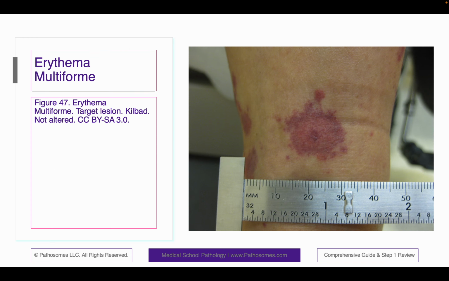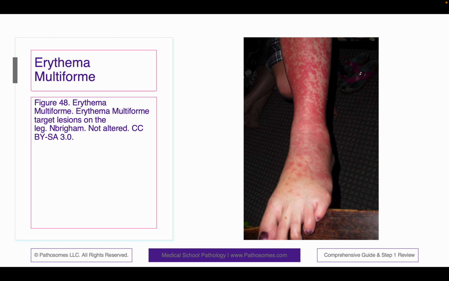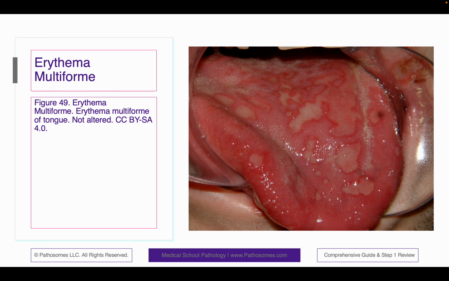Here we have a picture showcasing a somewhat targetoid lesion in a patient with erythema multiforme. And here we have multiple lesions on a patient's leg of our erythema multiforme. And even the tongue and oral mucosa affected by erythema multiforme.